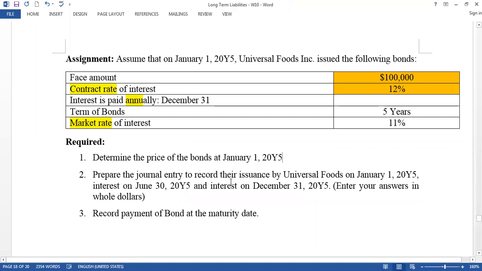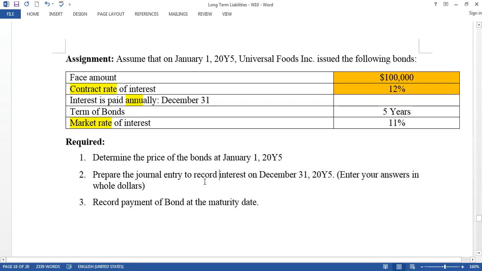Prepare the journal entry to record interest on December 31st, year 1. I ask you to record only for year 1, for example 2015.